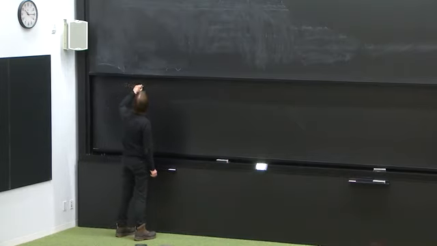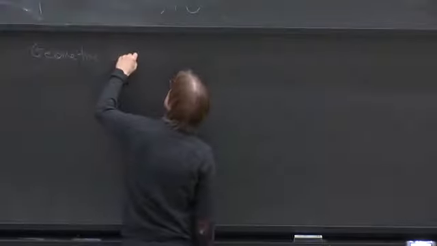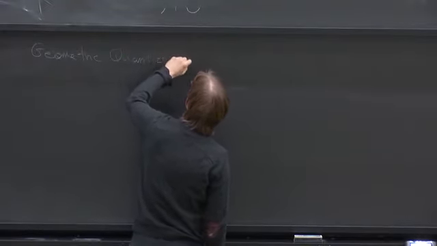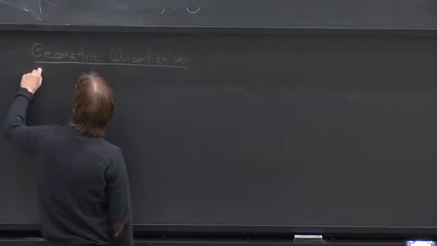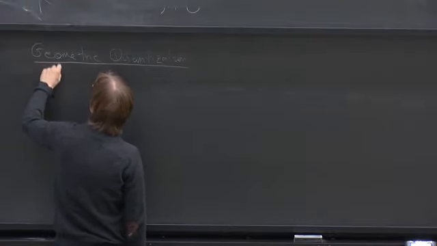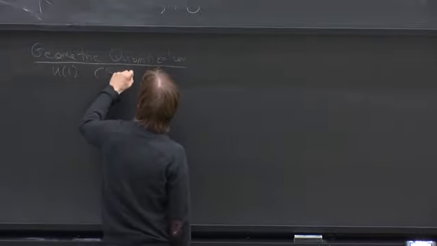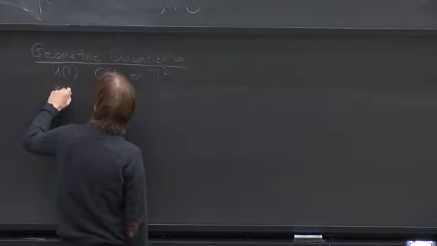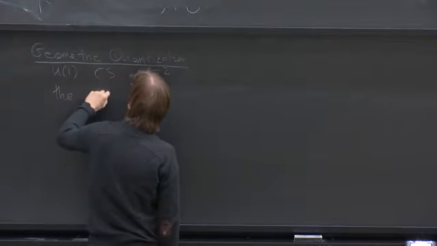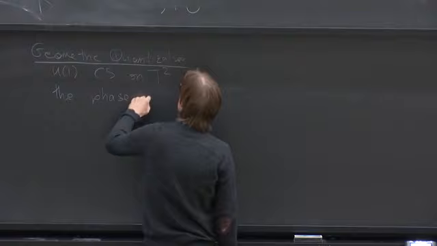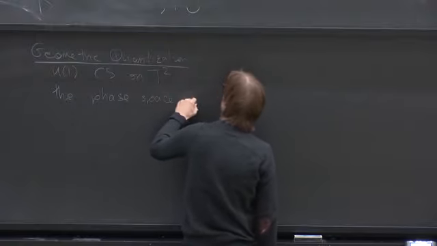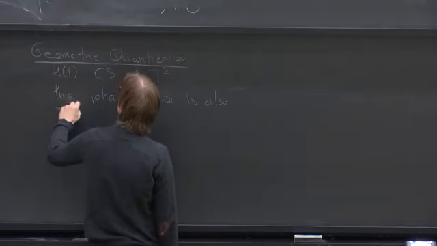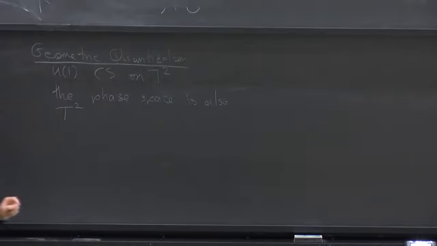So we saw last time, for example, for U(1) Chern-Simons theory on the two-torus, the phase space is also the two-torus.